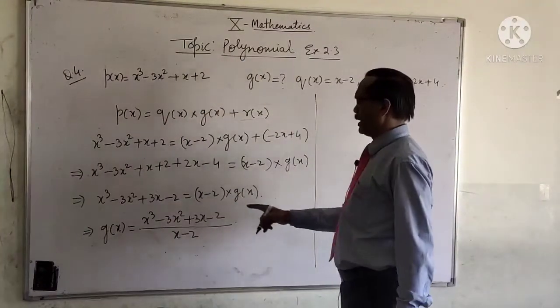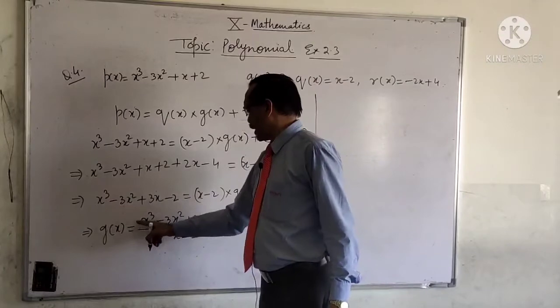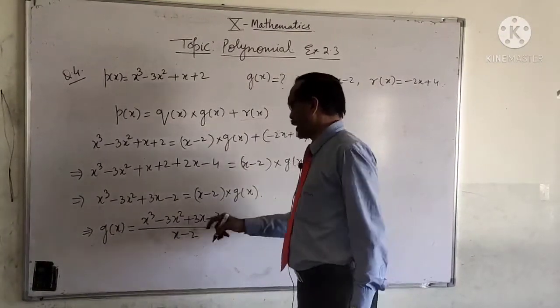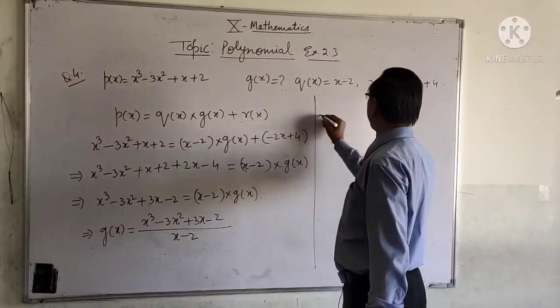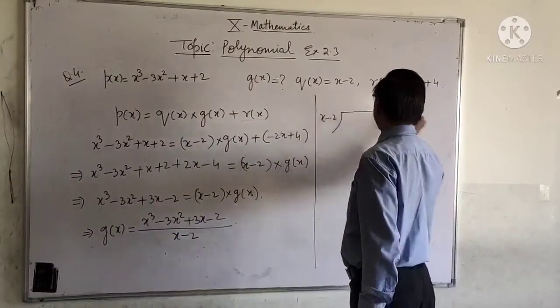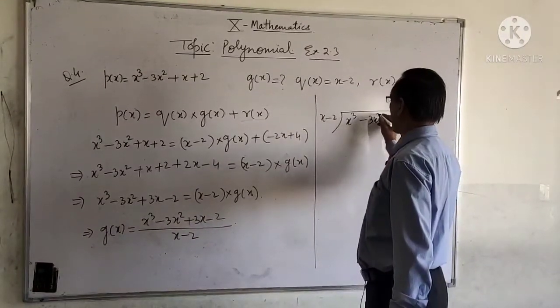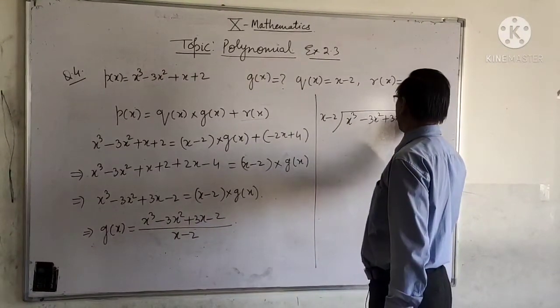Now divide x^3 - 3x^2 + 3x - 2 by x - 2.